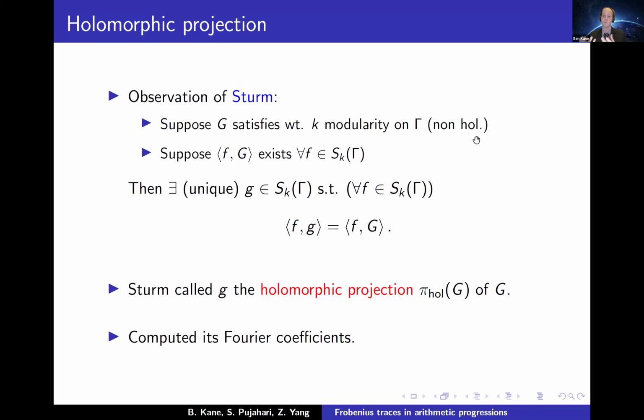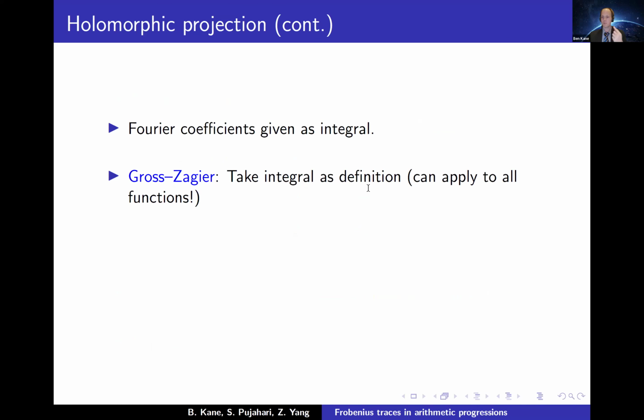We have to have F and G both be modular, otherwise the integral is not well defined. But in Gross and Zagier's version, they took an integral to compute the coefficients, and they realized it was just a linear operator. It didn't require it to be modular. So they changed the definition. If you have something that is modular, their definition agrees, but if not, it's just a linear operator.